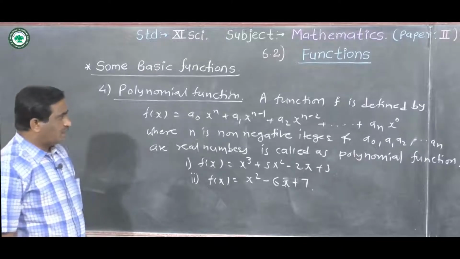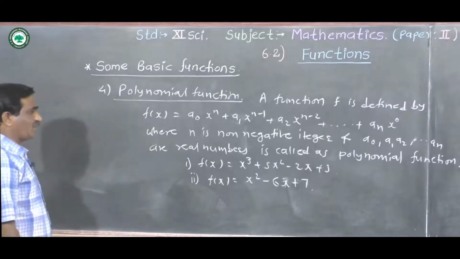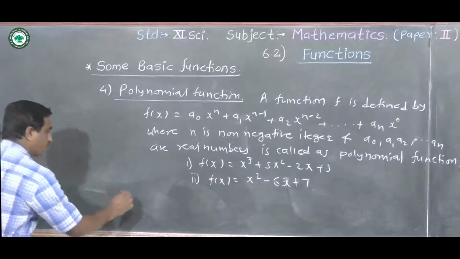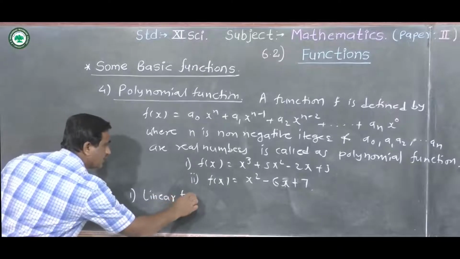Okay. Now in a polynomial function there are three types. Number first is linear function.